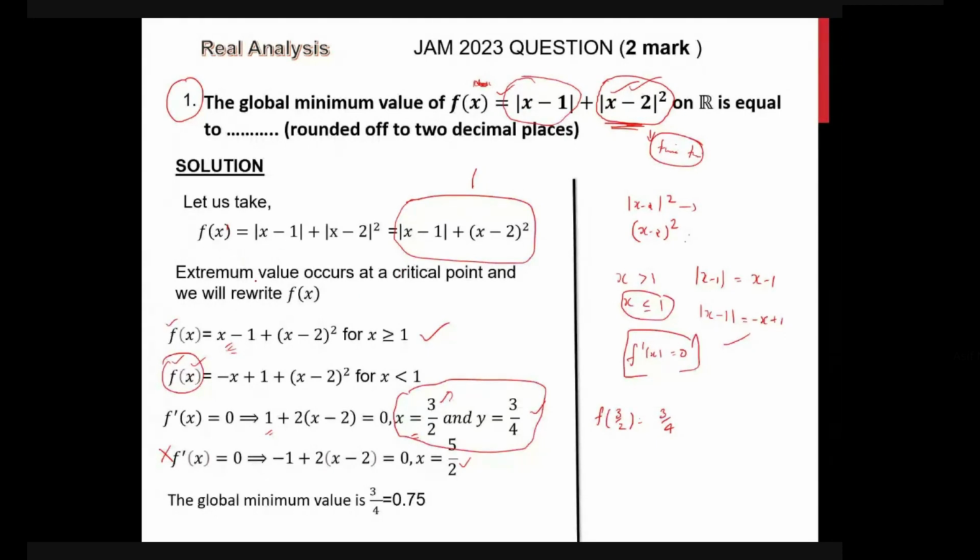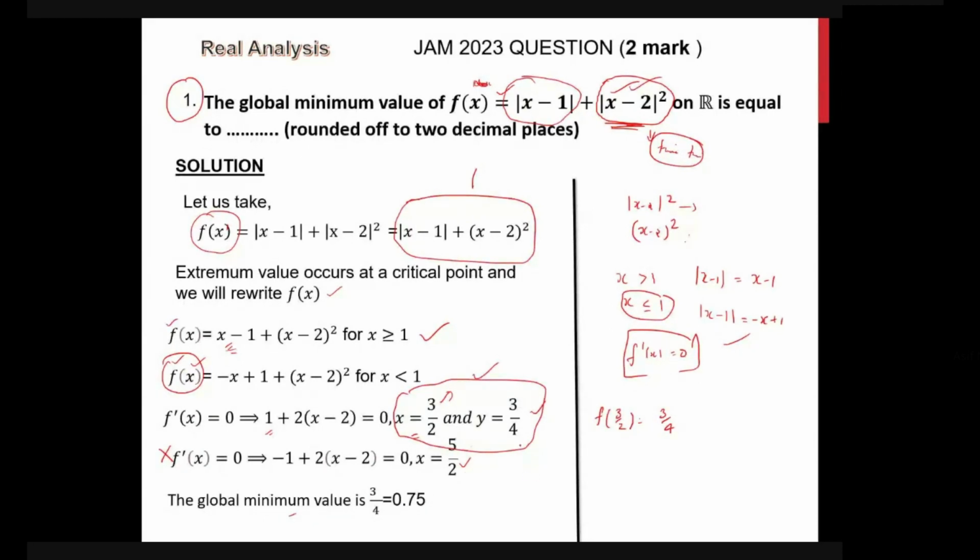Also, we know that the extremum occurs at the critical point, and this doesn't have a maxima, so if we find the critical point, then that must be a minima. As we saw, the global minimum value of the function is 0.75.